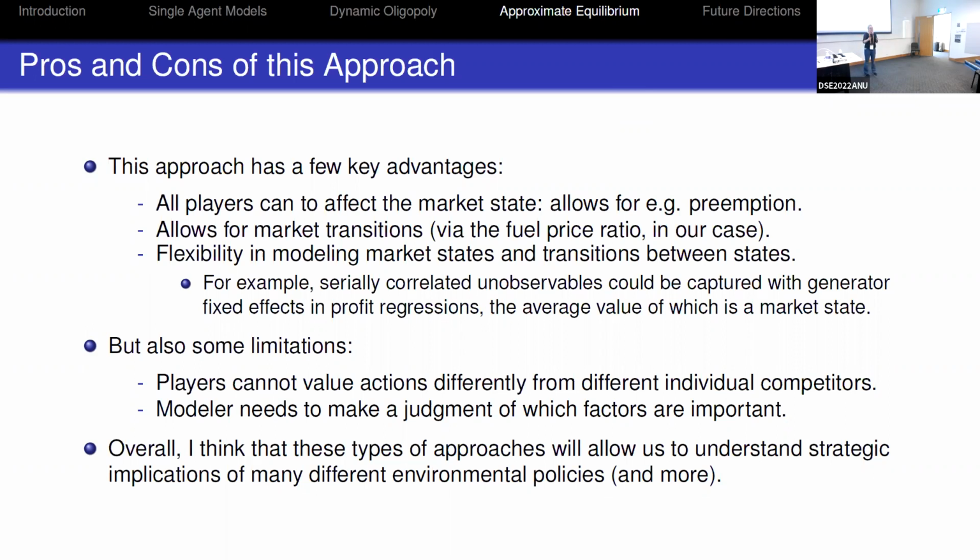There's all sorts of regulations that end up having unintended consequences ex post, right? That we see them doing things that we didn't expect them to do. It would be really nice if we could actually expect this ahead of time and tell people not to do these kinds of policies. And a lot of this is going to come from strategic interactions. So we need to be better at modeling this and better at figuring that out. All right.